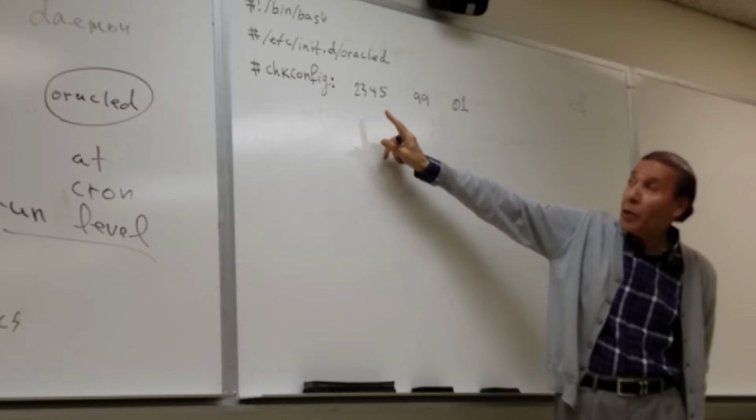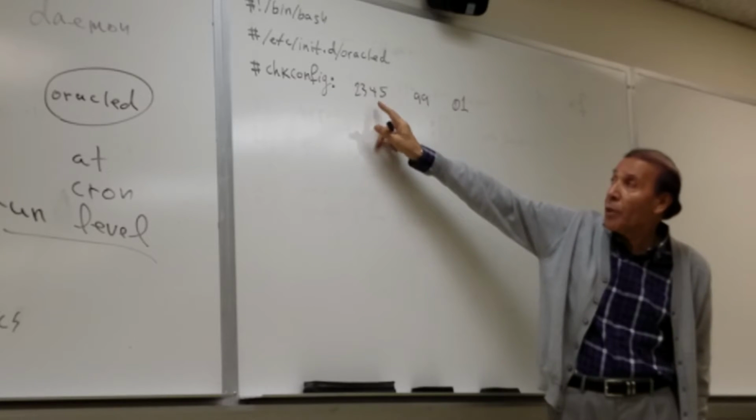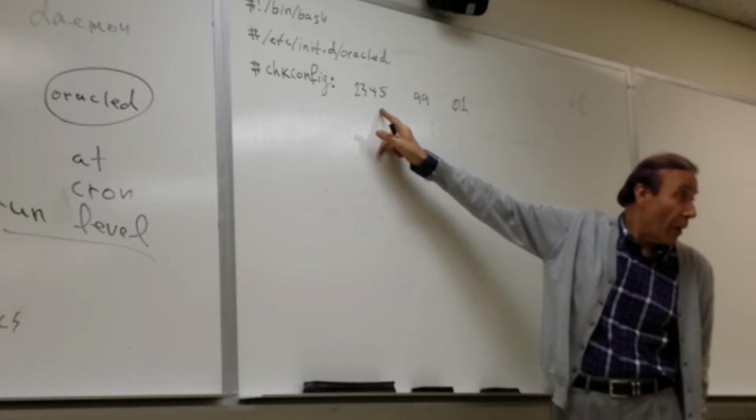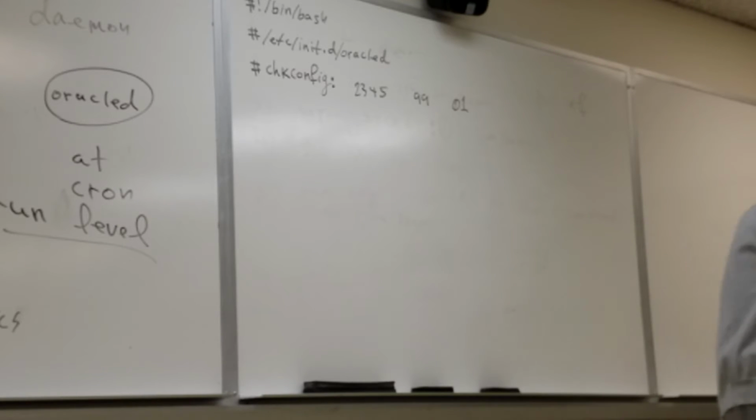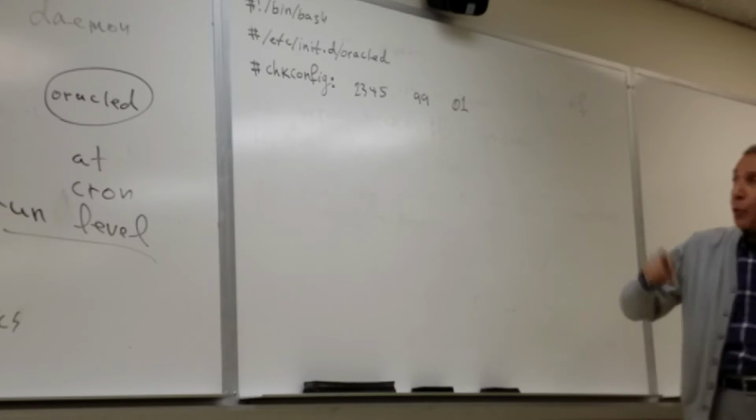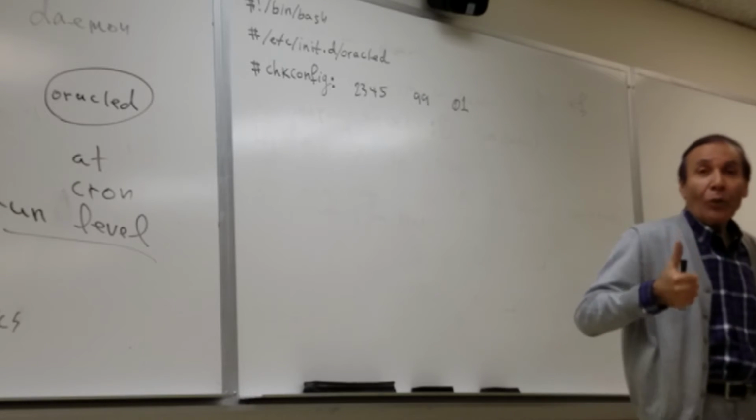Following? Your daemon should start on 2, 3, 4, and 5, and should shut down on run level 1 and 6. It means whatever is not here, go down. On run level 2, 3, 4, and 5, your daemon is going to start.